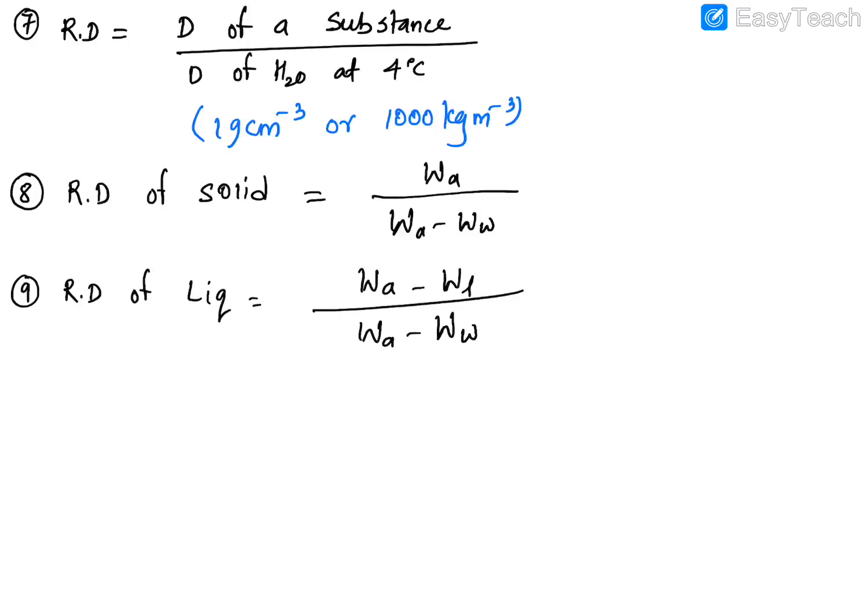But obviously the 8th can be used only for solid and the 9th only for liquid. They can also ask you what the unit of RD is. RD has no unit, because it's a pure ratio.